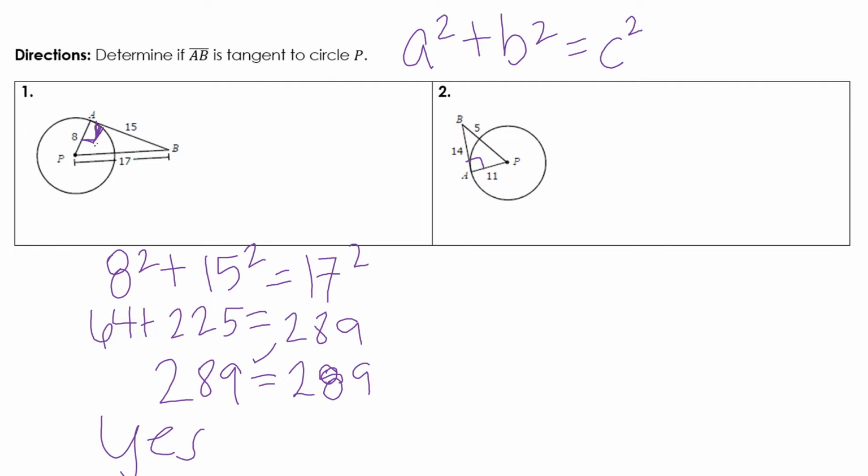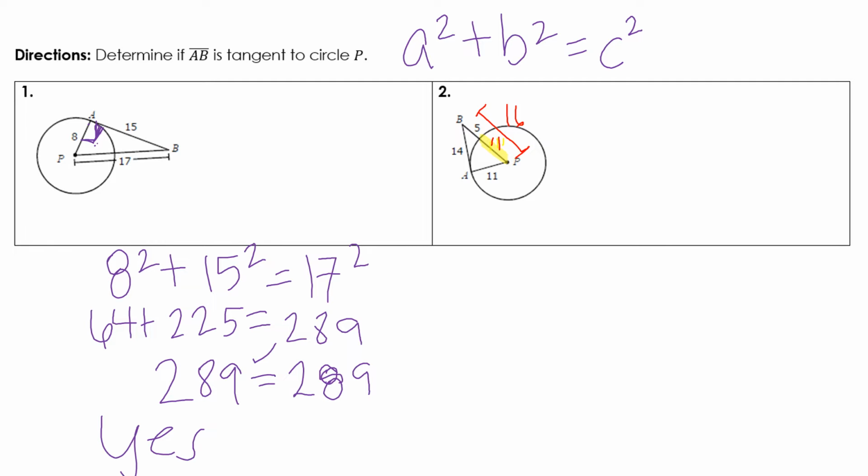So what you have to see is that we're missing this length right here. Okay, but that's a radius, and we know that AP is a radius, so that means that length right there is also 11, and that would mean that our potential hypotenuse would be 16.